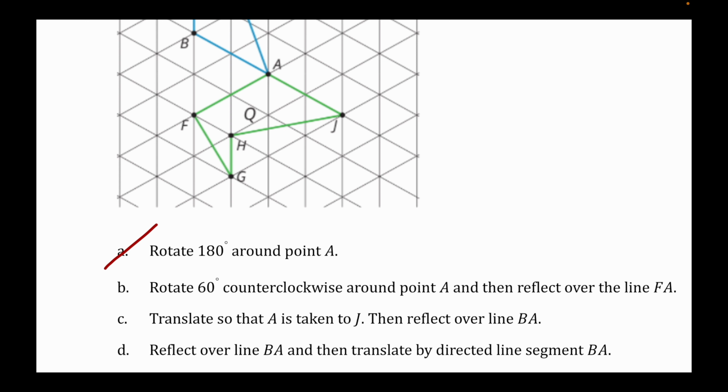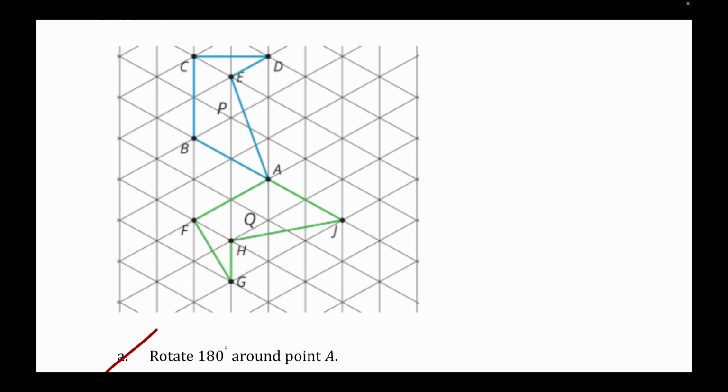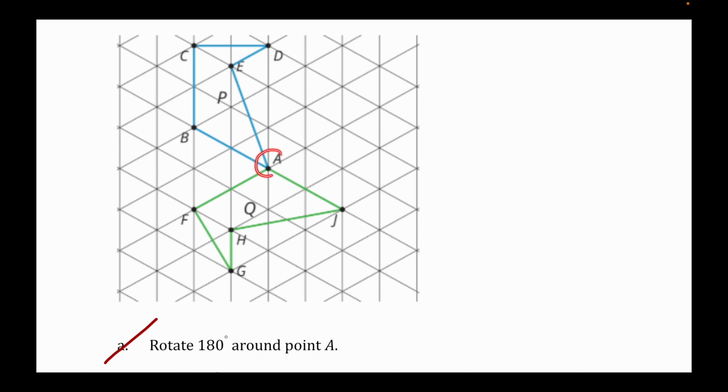B is to rotate 60 degrees counterclockwise around point A and then reflect over FA. Well, A is here. 60 degrees would line it up here. So this shape is just going to swing down. And so this line here, B is going to line up with F when we rotate this.